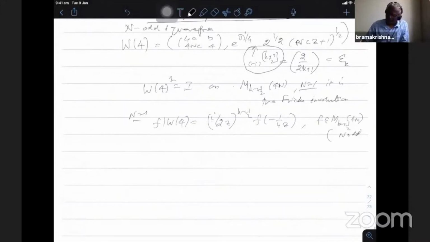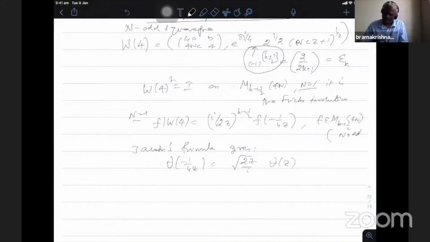So when n equal to 1, the main example of a modular form is the theta series, theta to the power 2k plus 1. The theta is weight half. So Jacobi's formula gives you theta of minus 1 by 4z is square root of 2z by i times theta of z.